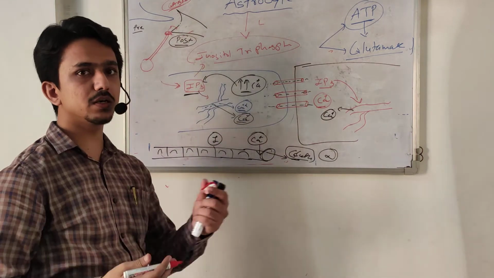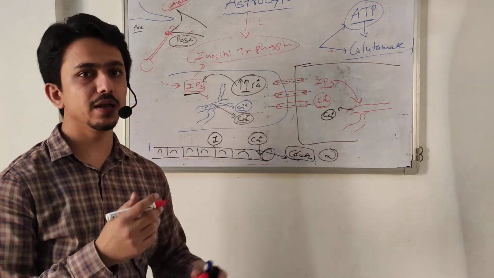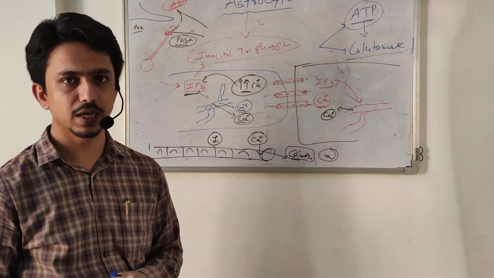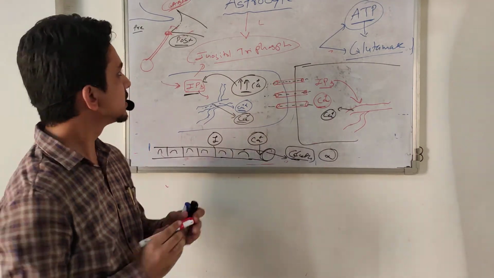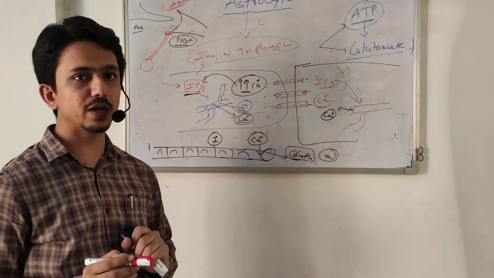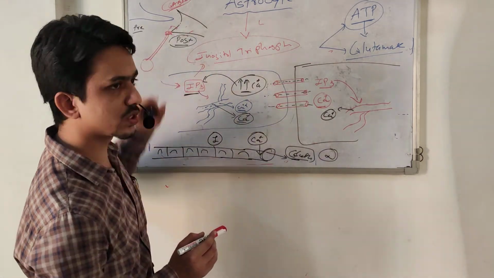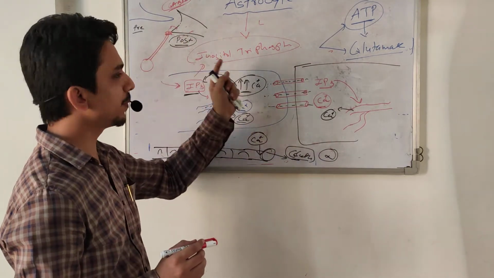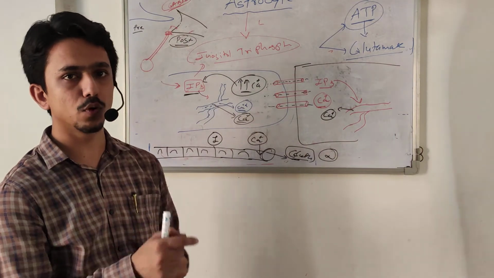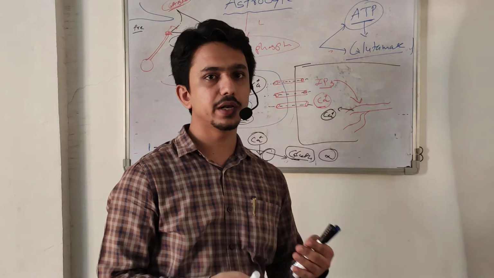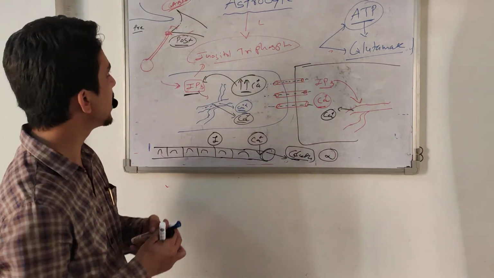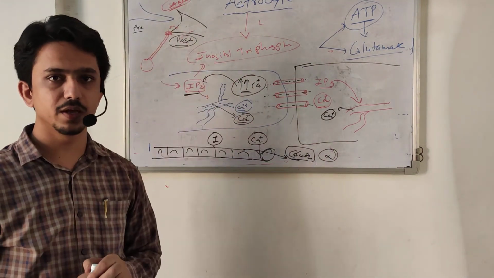They modulate the action potential. They can modify the action potentials. It is shown in patients of epilepsy that this GABA is not produced by astrocytes, so the postsynaptic neuron is stimulated more and more. You know, glutamate is a stimulatory or excitatory neurotransmitter, while GABA is an inhibitory neurotransmitter.